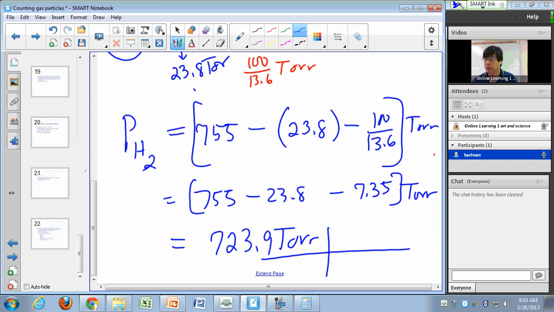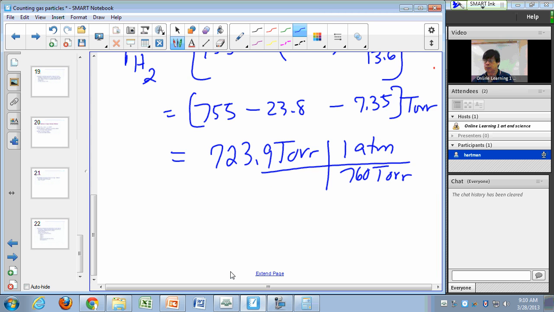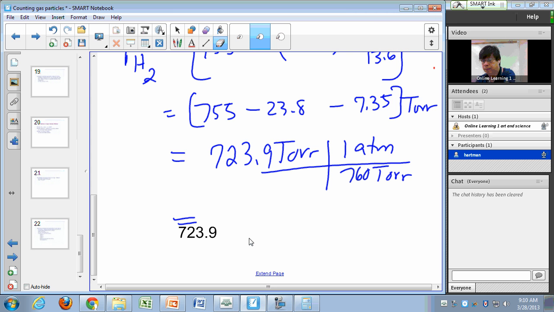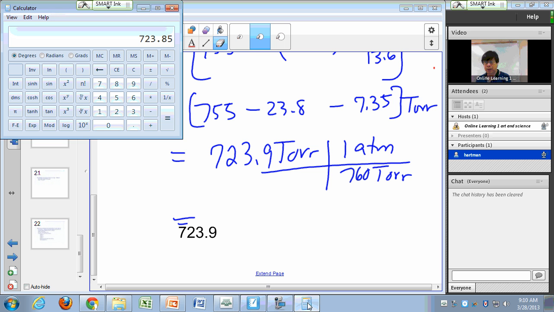And I can change that to atmospheres. 1 atmosphere is 760 torr. So the partial pressure of H2 is 723.9 divided by 760.